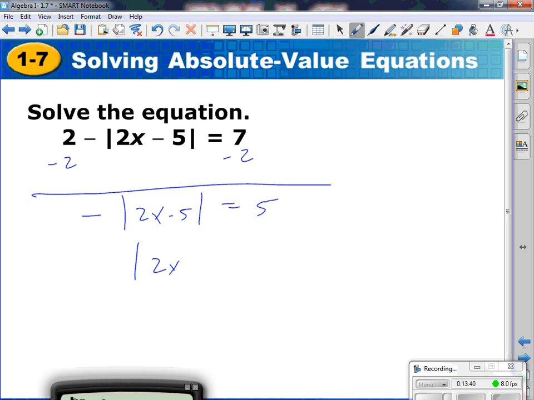Absolute value of 2x minus 5 equals negative 5. And because I have an absolute value equal to a negative number, no solution. This is showing the work that proves why it's no solution. Just writing no solution because you didn't understand the problem and thought that might be right, it's not good enough.